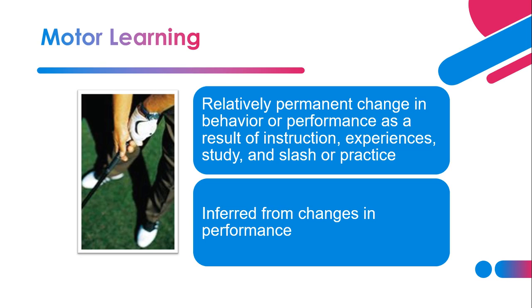They help professionals design and implement learning experiences for participants in their programs. The information processing model and the dynamical systems model are 2 models that have been used to describe motor skill acquisition and performance. Motor learning, again, is the study of the acquisition of motor skills as a result of practice and experience. We'll be talking about the information processing model and the dynamical systems model in our next session.